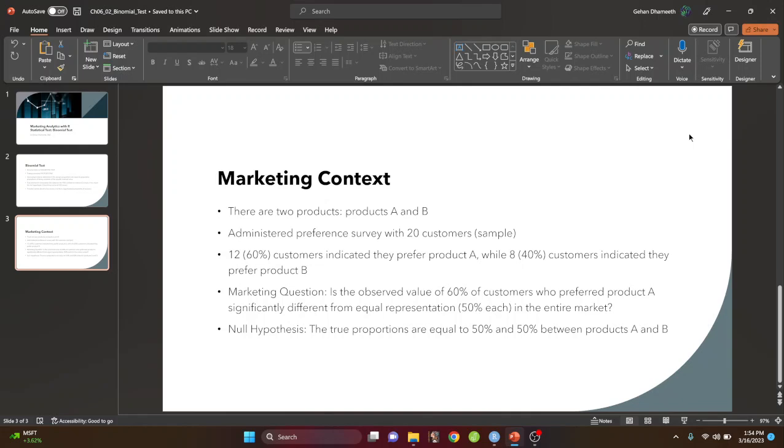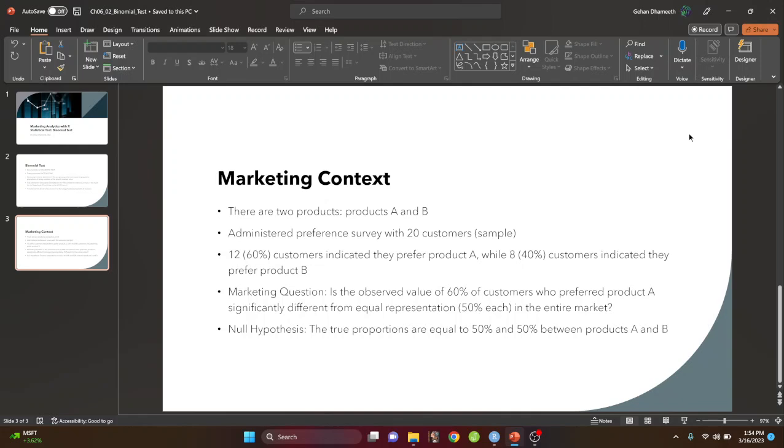We administer a preference survey about these two products, product A and B, with 20 customers, which is going to be our sample size. 12 out of 20, which is 60% of the customers, indicated they prefer product A, while 8 customers out of 20, which is 40% of customers, indicated they prefer product B.